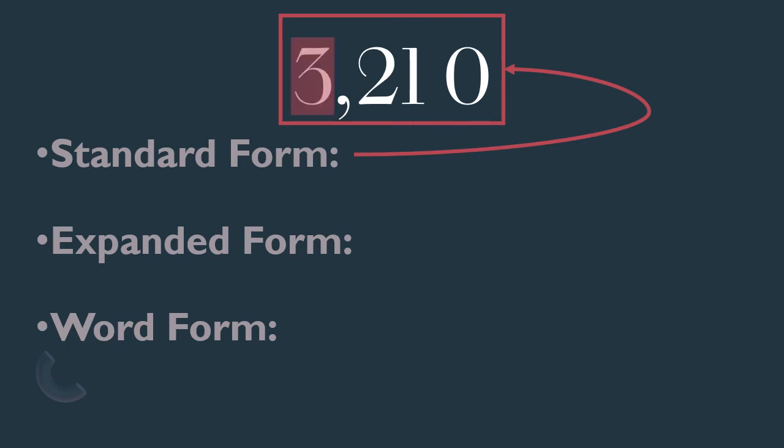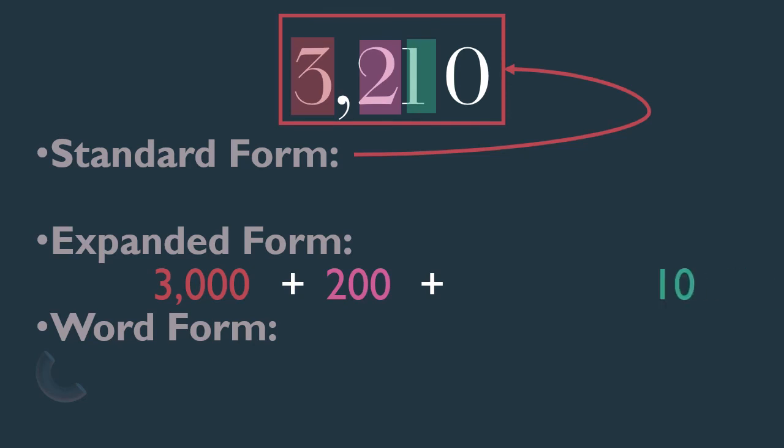So the 3 is in the thousands column, and that's valued at 3,000. Now we're going to add that to the value of our next digit, which is the 2 in the hundreds column, and that's valued at 200. We're going to add that to the value of the digit in the next column, and that's 1 in the tens column, and that's valued at 10.